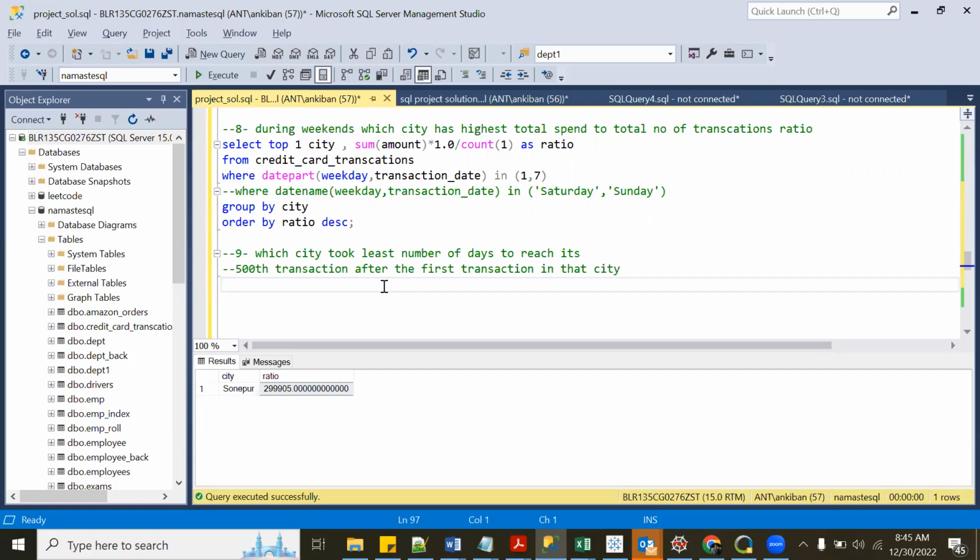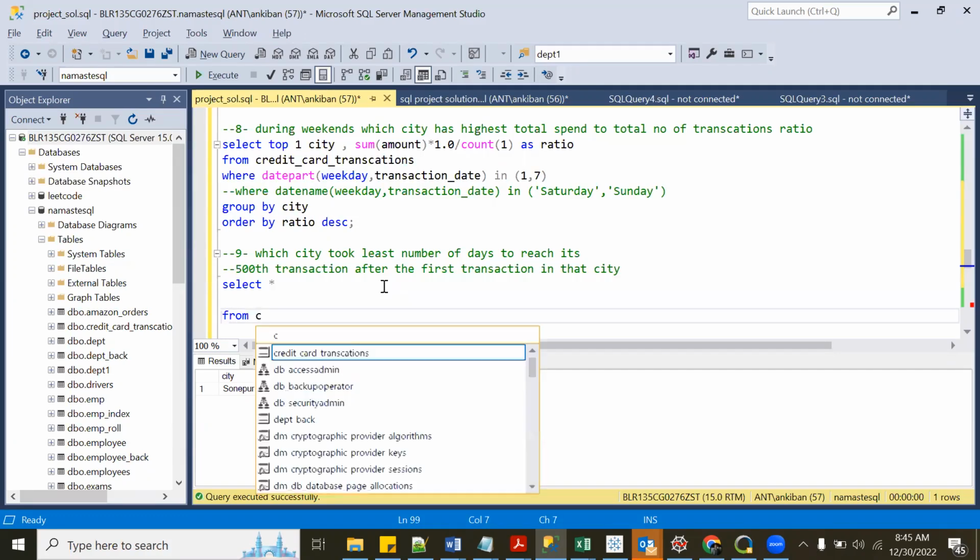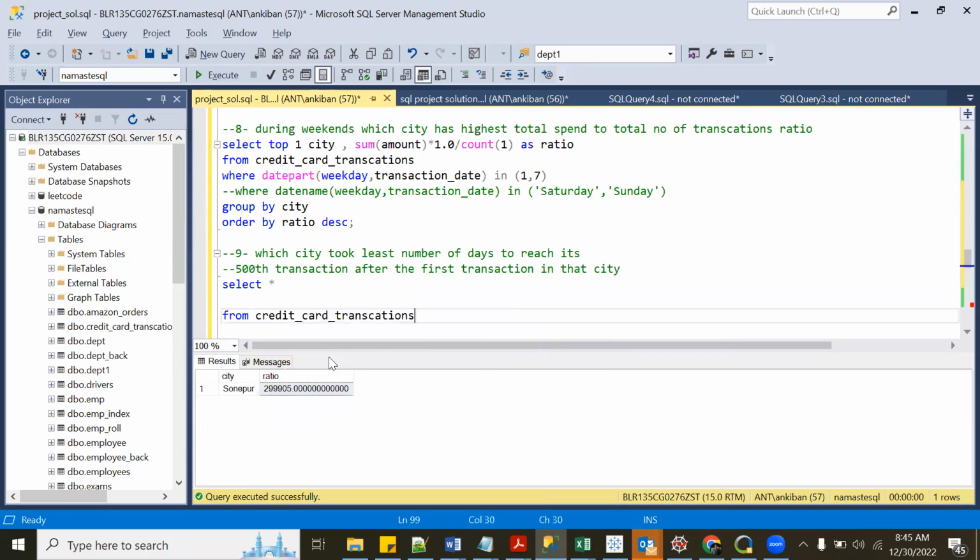So let's see how we will do this. What we are saying is: when the first transaction happened in any city, and when the 500th transaction happened in that city, how many days it took, and which city took the least number of days. So let's start. Select star from credit card transactions.